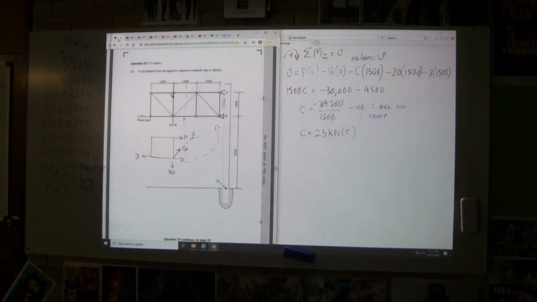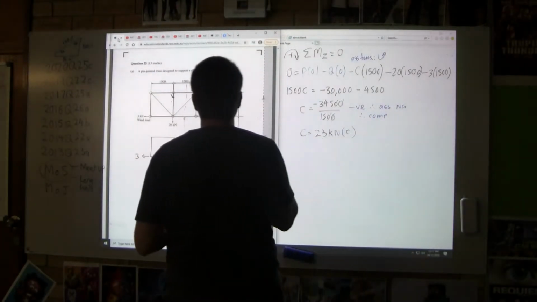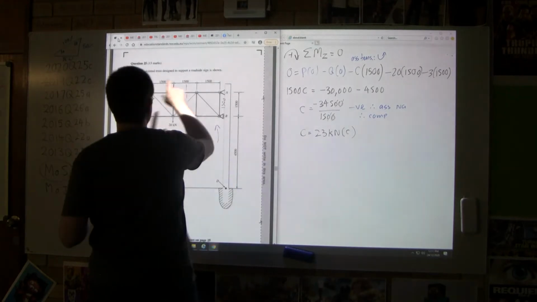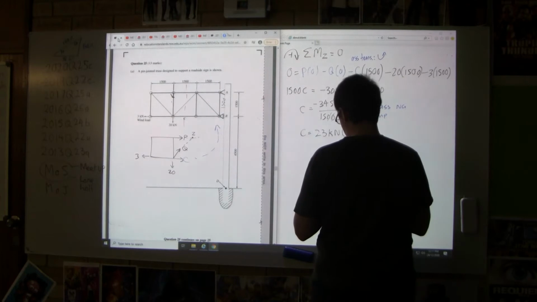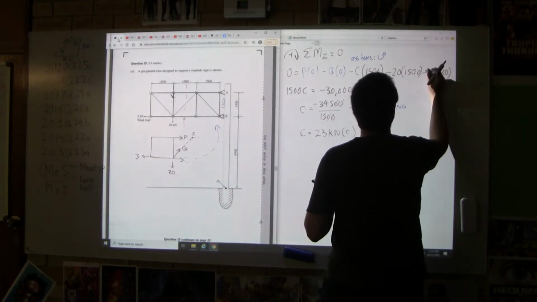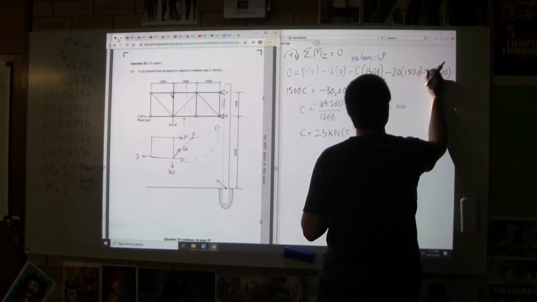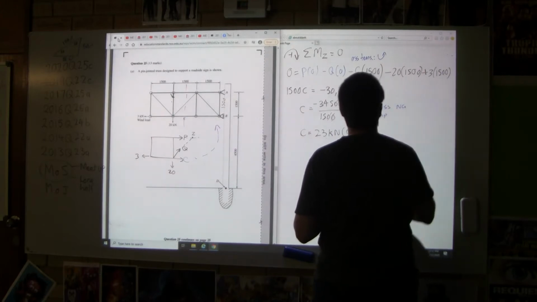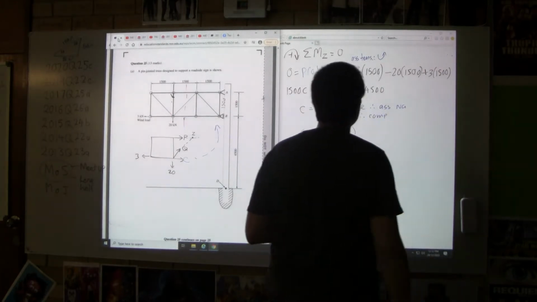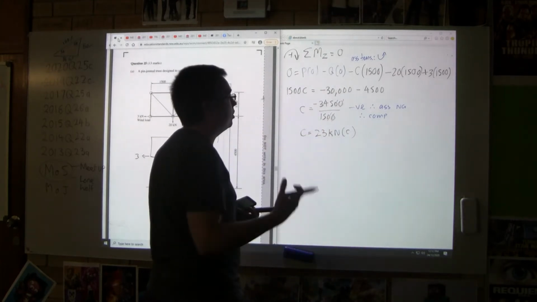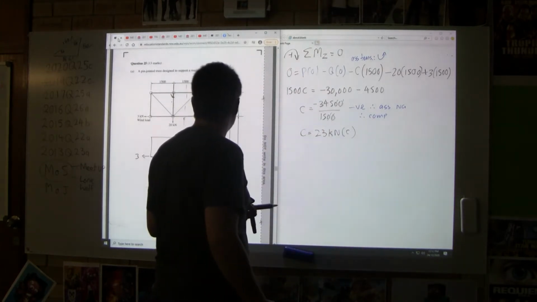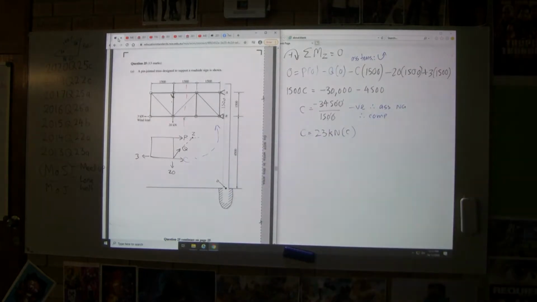Okay, I've got one of these signs wrong. 3 is going clockwise. Ah, silly duffer. Okay. Now, it's worth talking about how many marks you lose for that. Hard to say. Assuming that this part of the question is only worth 3 marks, let me have a look at the question.